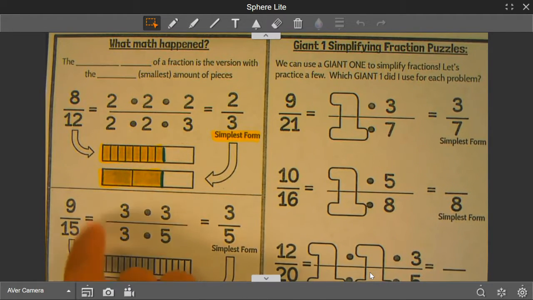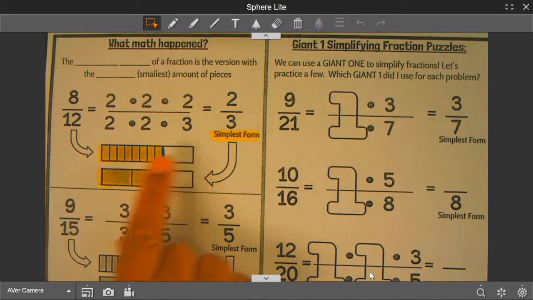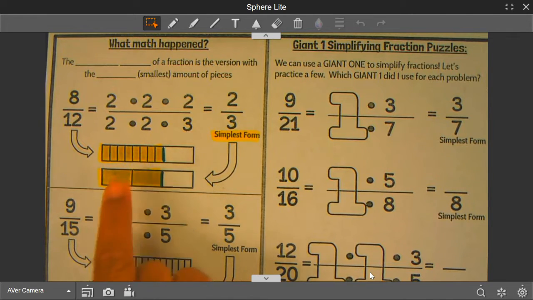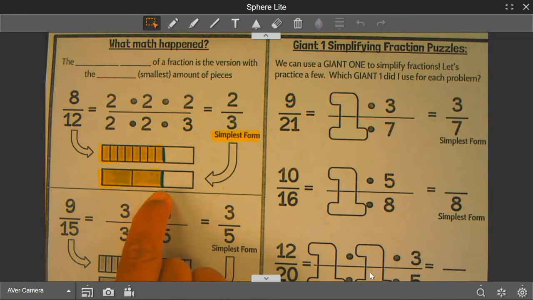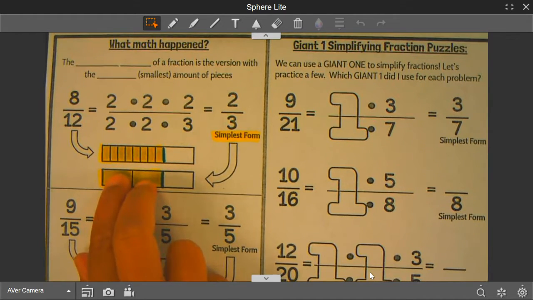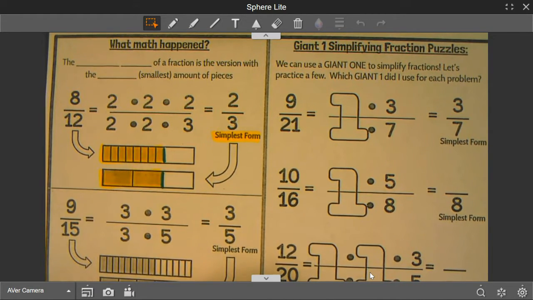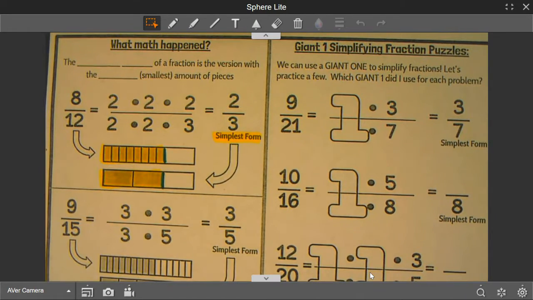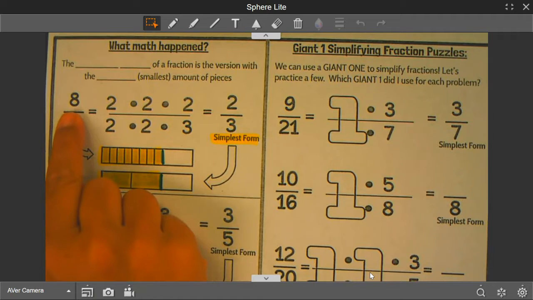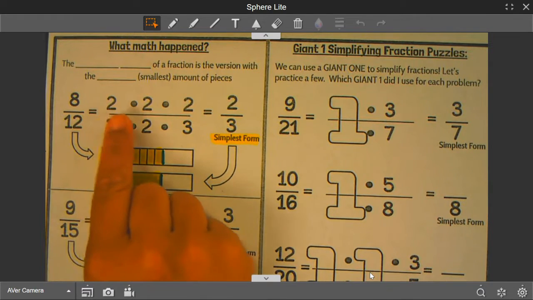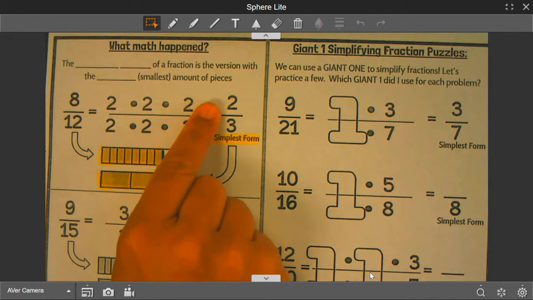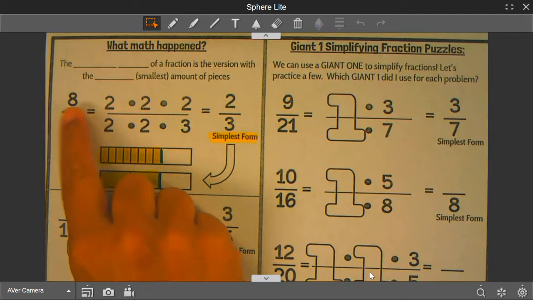So 8/12 versus simplifying that and only chopping it into 3 pieces, but shading 2 of them to make the equal amount, okay? Now let's notice what math happened. If we look here, for 8 we have 2 times 2 times 2. We decomposed that 8, breaking it down to all the prime numbers that make 8.